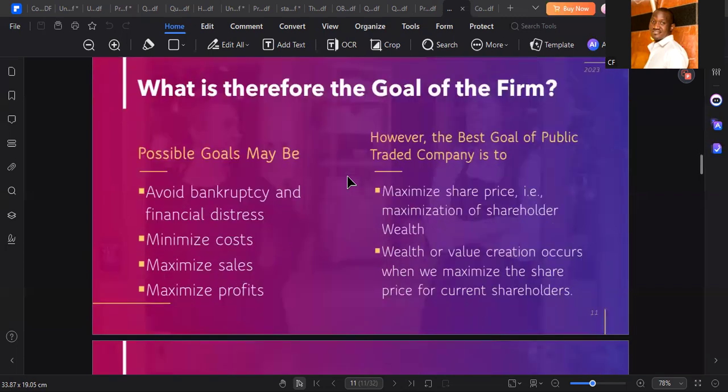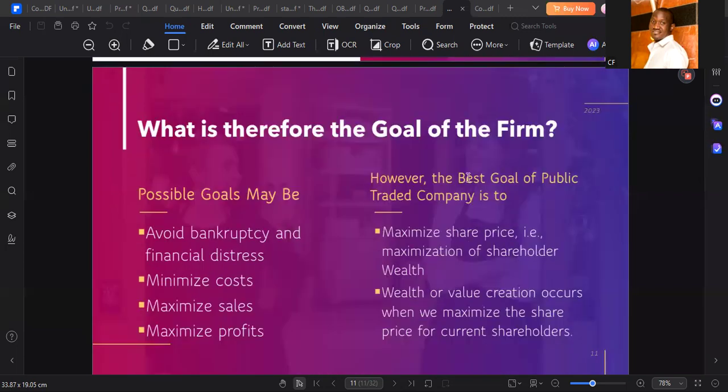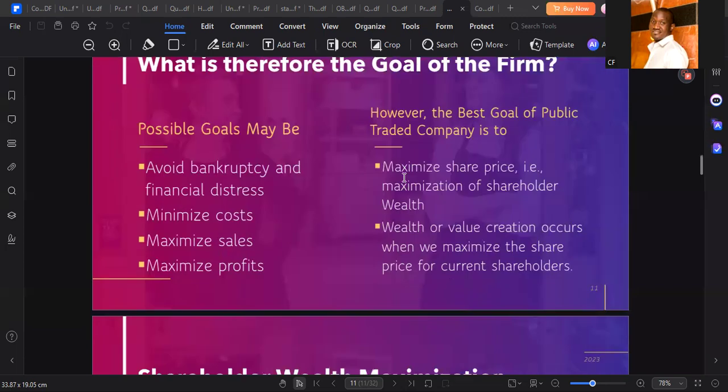Now, what is the goal of a firm? Different firms have different goals. Some aim to maximize share price, others to maximize their worth, others to minimize costs or maximize sales or profits.